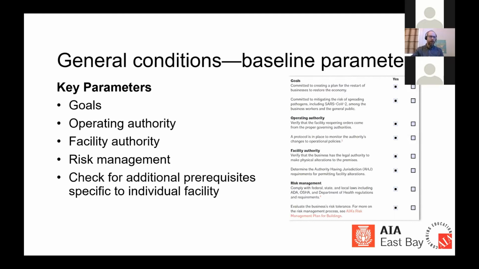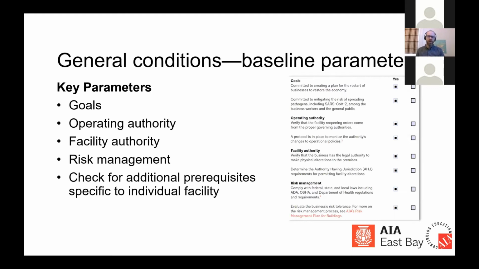And earlier on in this presentation, I did mention how our other design aspirations could be affected by some of these. And something that's come out since the earlier versions of the Re-occupancy assessment tool is there has been feedback about making sure ADA considerations are put forward and emphasized more in this document. And so that's something that has been updated here.